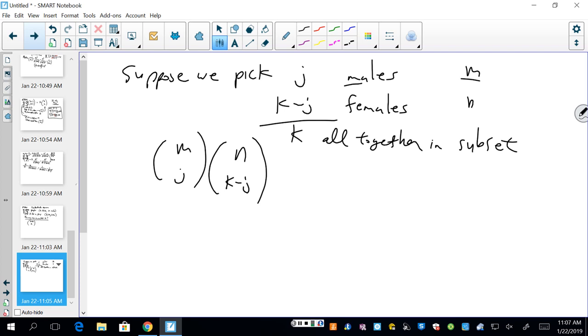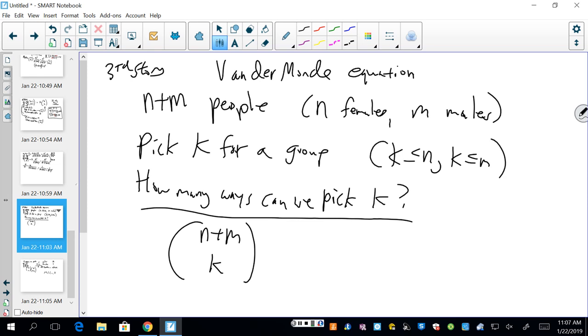But that's not the only way it could split, right? J could be a bunch of different numbers. So we could split it different ways and still get answers. What's the range of possible J's? J could go 0, 1, 2, right up to K. And if we added up the number of ways of picking J males and K minus J females, calculated for all those different values and added them together, shouldn't that be what we had before?